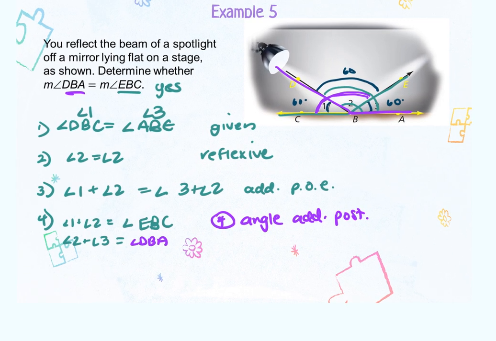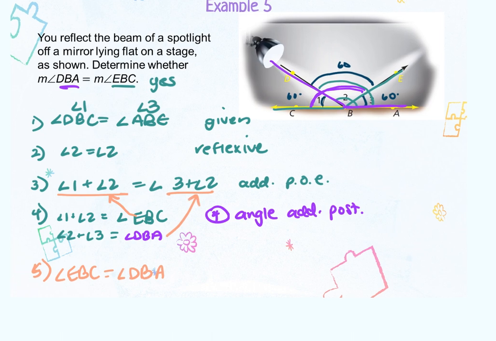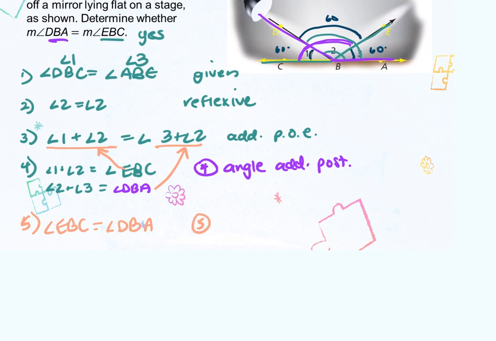So then I can say angle EBC is equal to angle DBA, because if 1 plus 2 equals 3 plus 2, then I can put this in place of the 1 and 2, and this in place of the 3 and 2, and that's substitution.